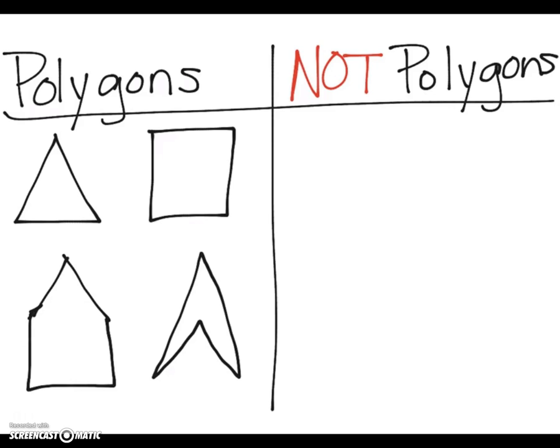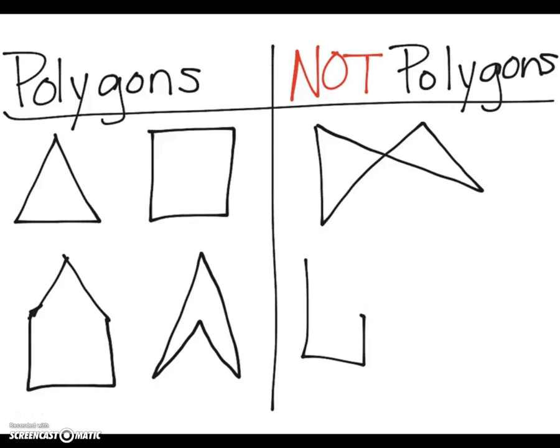Let's talk about things that are not polygons. Polygons have to be just one shape, so you wouldn't have something like this. This is not a polygon because this is really like two shapes combined. Shapes like this are not polygons because they are not closed, right?